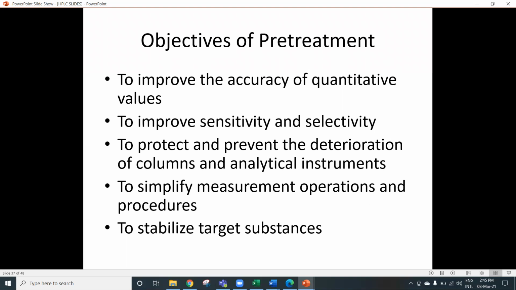Pre-treatment is also important so that your column does not deteriorate. Remember I told you that a GC column is very expensive, and HPLC columns are also very expensive. If you treat your samples very well, unwanted materials will not get to your column, thereby spoiling it.